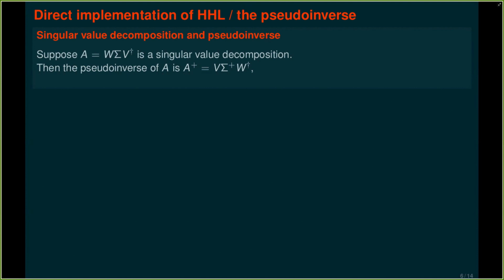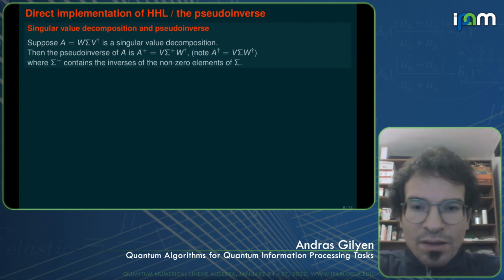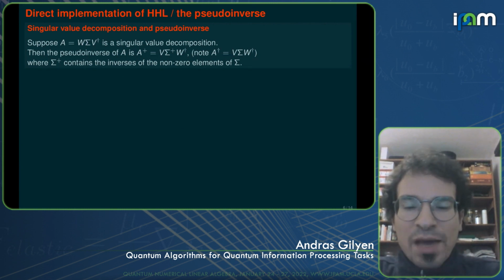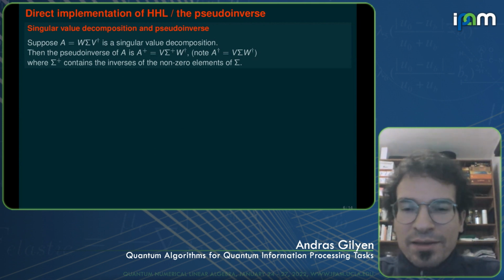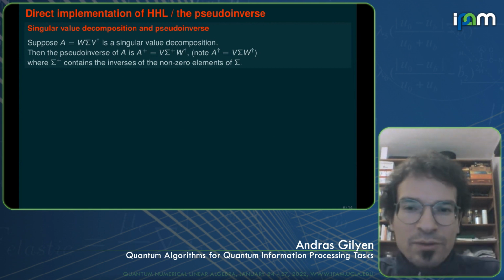And then the zero diagonal entries just stay zero. So by definition, that is the pseudo-inverse. And well, note that one way to reverse the order of W and V is just instead of working with A, working with A dagger. So that at least does the job for reversing the order of V and W. And now, if you work with A dagger instead of A, the only thing that remains is to invert the singular values in this diagonal operator sigma.